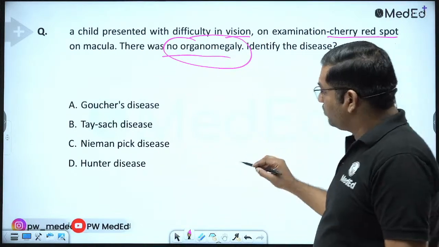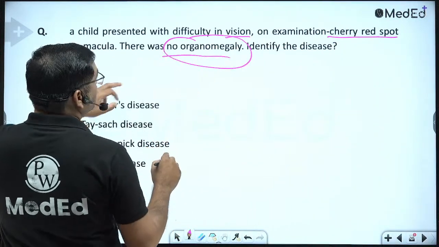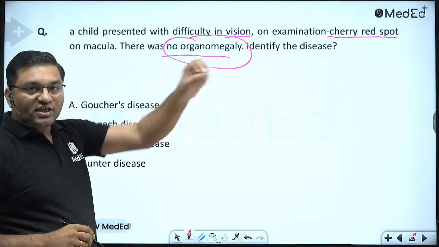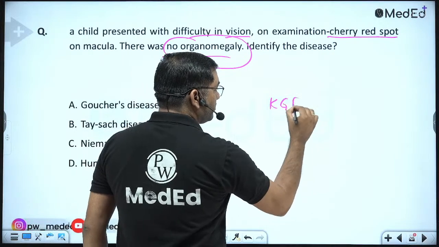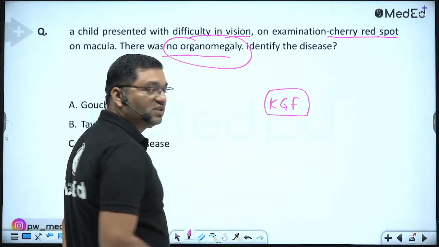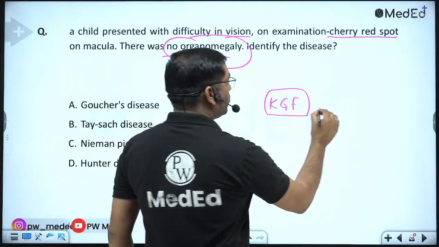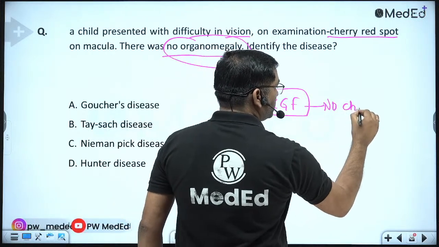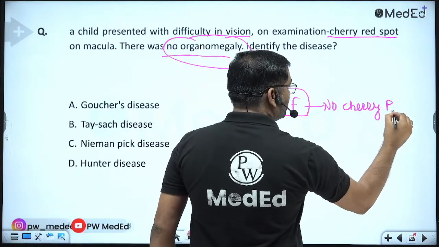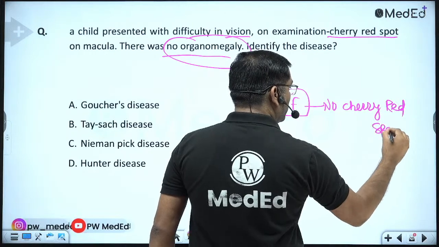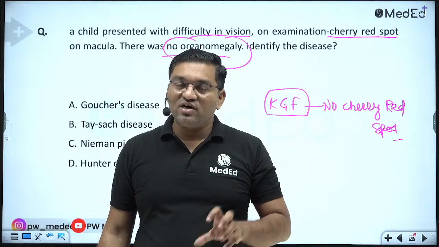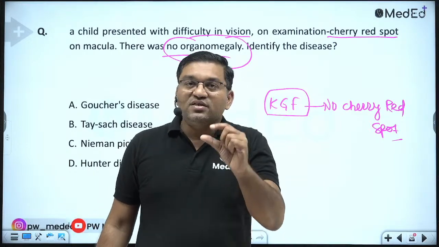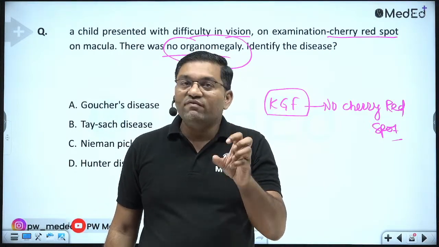Identify the disease. So in Gaucher's disease, there is no cherry red spot. There is no cherry red spot in three disorders: Krabbe's, Gaucher and Fabry's disease. This is because of accumulation of lipid in the area surrounding the macula, skipping the macula, so the macula appears red.